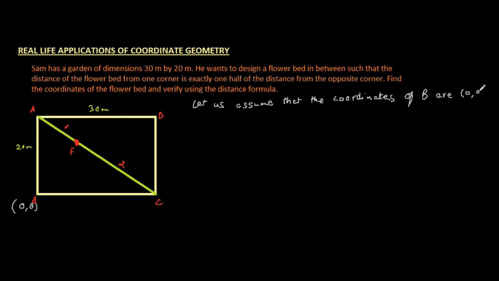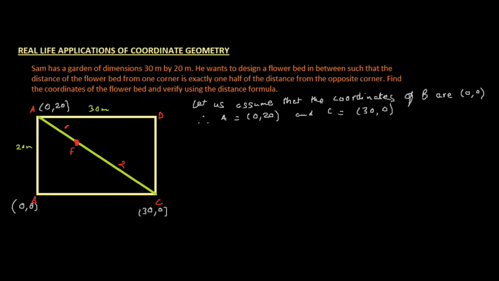Then obviously the coordinates of C would be, since this is 30 meters away, so it will be 30, 0, because 30 on the x-axis and it hasn't risen above. And the coordinates of A would then be 0, 20, because on the x-axis it's again 0, while on the y-axis it has gone up 20 units. And we can write that therefore A is equal to 0, 20 and C is equal to 30, 0.